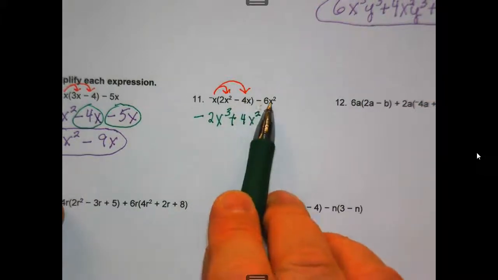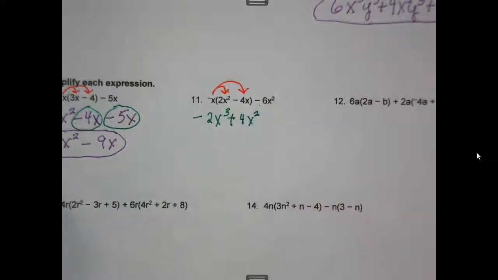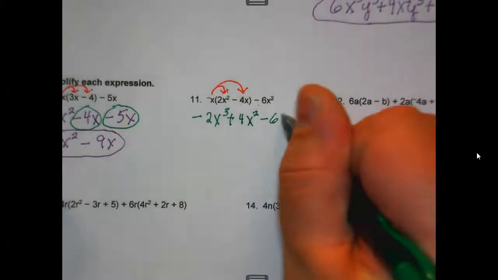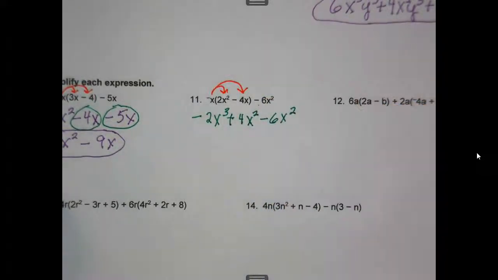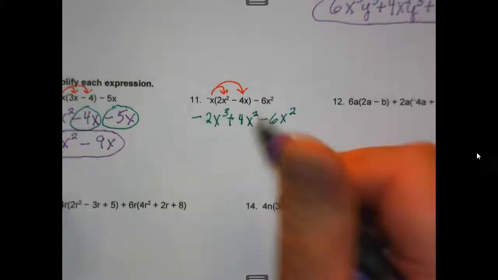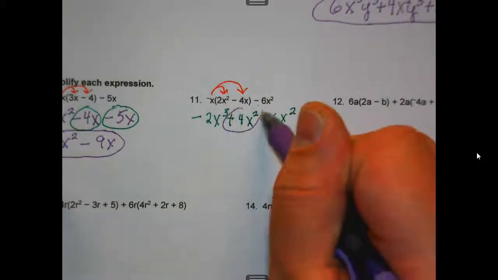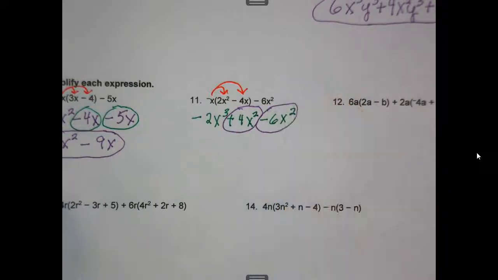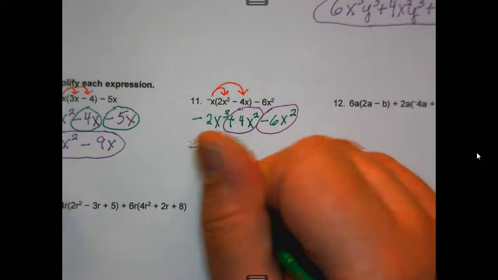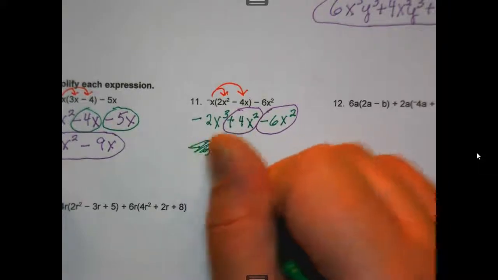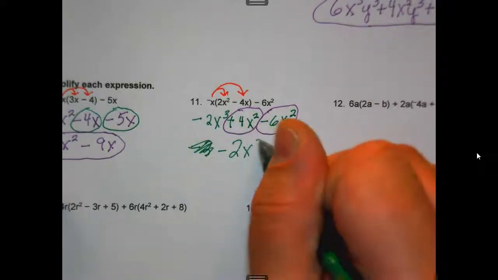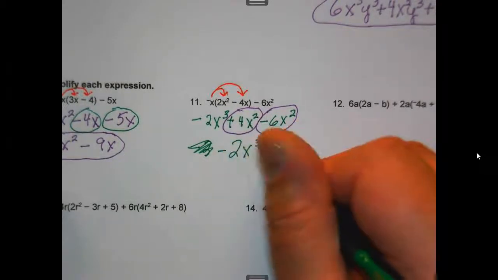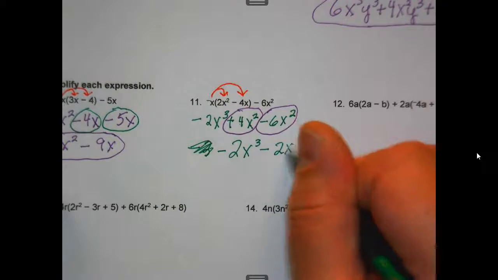This negative 6x squared is outside the parentheses, so just bring it down. Combine our like terms. Positive 4x squared, negative 6x squared. Oh, negative 2x cubed. Positive 4 minus 6 is negative 2x squared.